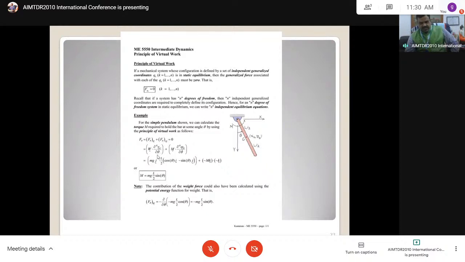So this is what is called the work done, or a force, or a moment. Weight is equal to mg. This is the value. This is the displacement.